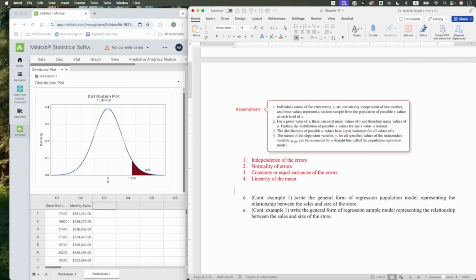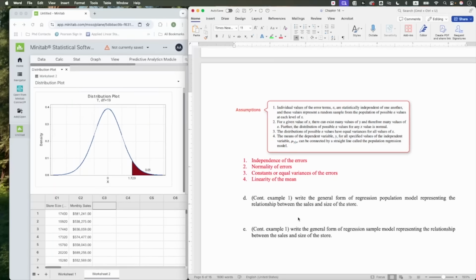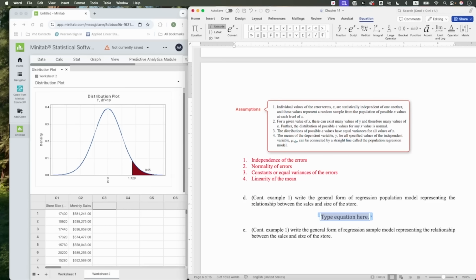Now the question says, write the general form of the regression population model representing the relationship between the store sales and the size of the store. It's very simple. This is a population model: y equals beta naught plus beta 1 times x plus epsilon, the error.